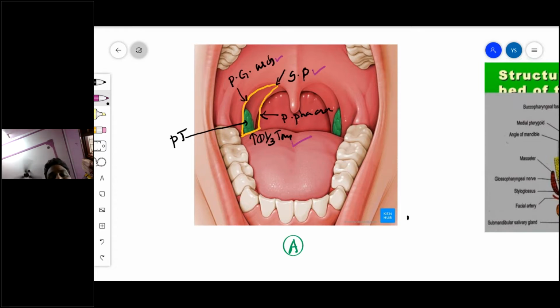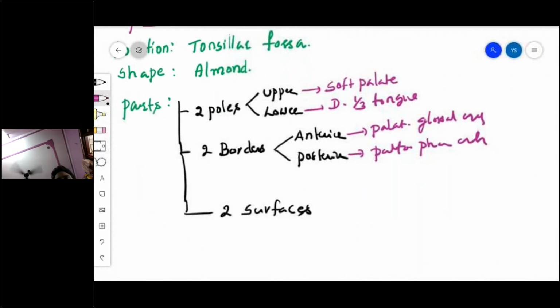And posterior border is related to palatopharyngeal fold at the posterior border of tonsillar fossa. That means the boundaries of tonsillar fossa form the relations for two poles and two borders of palatine tonsil.